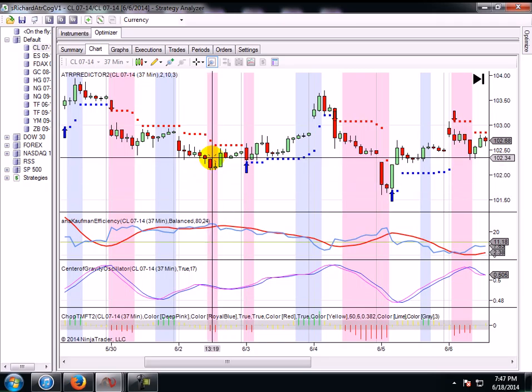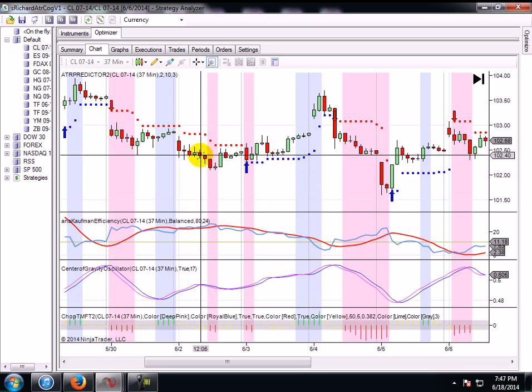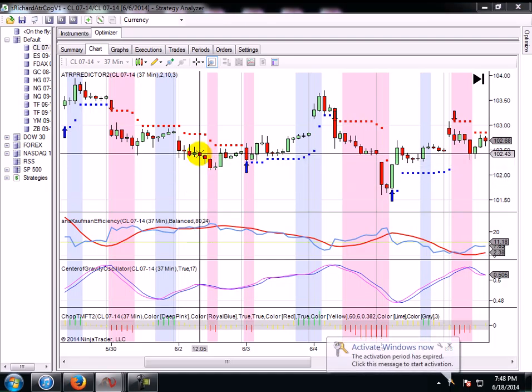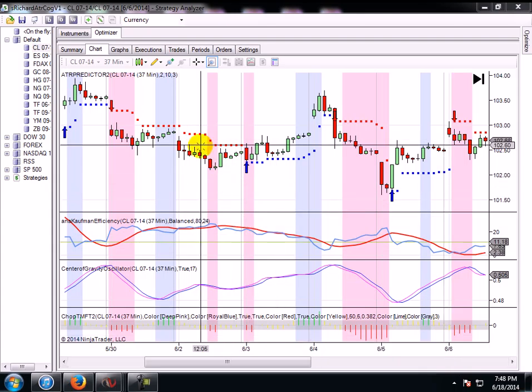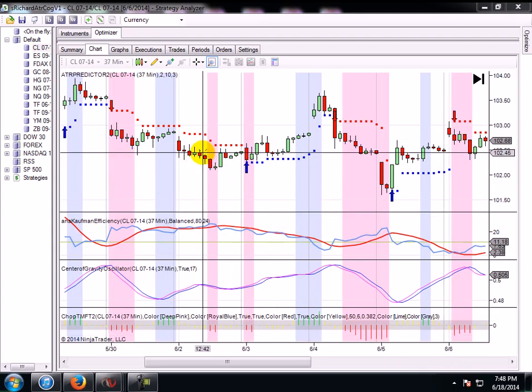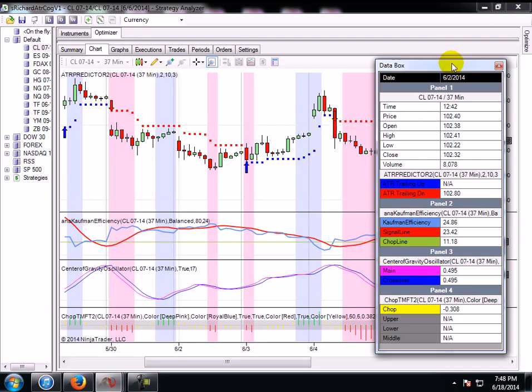It looks like possibly back on this bar or this bar. It's a little bit difficult to discern here in hindsight, but on one of these 2 bars, there should have been another short trade. I'm going to pull up this data box and just quickly go over how long it might have lasted.